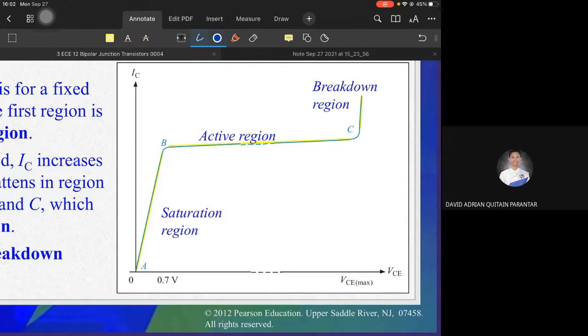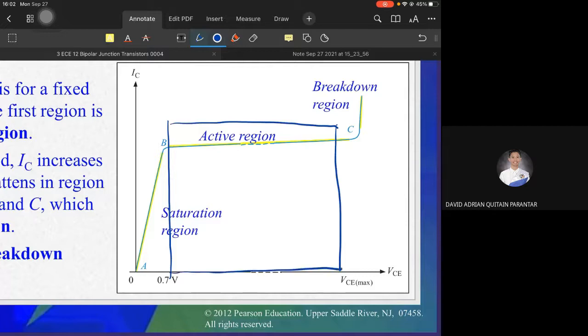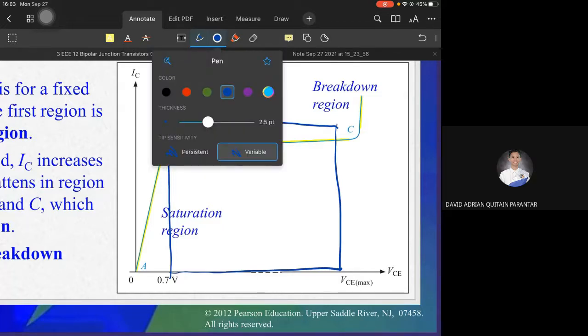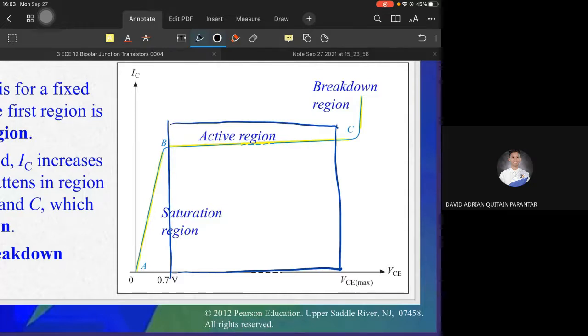Mostly it is located here. The majority of the characteristic curve is the active region. If we want our amplifier to operate as an amplifier, we draw a line which we call the load line. I will explain that later, but it somehow looks like this.